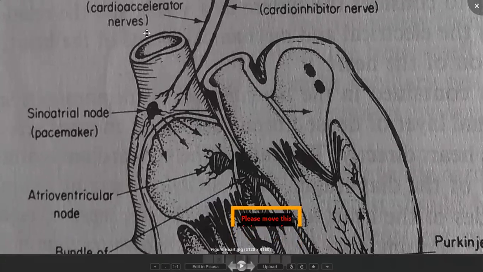From the superior vena cava, the blood is collected into the right atrium. At the junction point of the superior vena cava and the right atrium, we have the sinoatrial node.